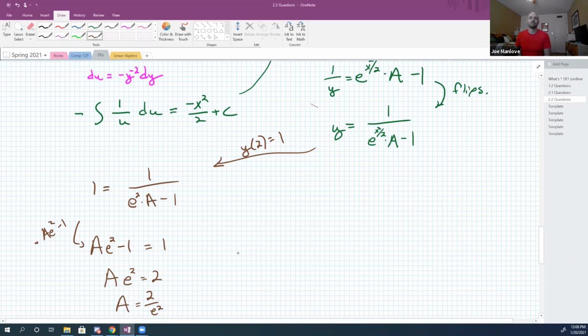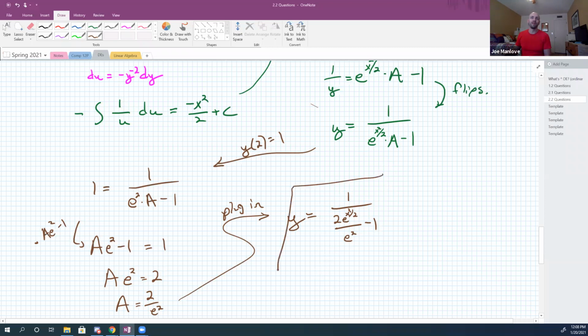Okay, well, if we plug that back in, we get y is 1 over 2e to the x squared over 2 over e squared minus 1, which is a weird fraction, but whatever.